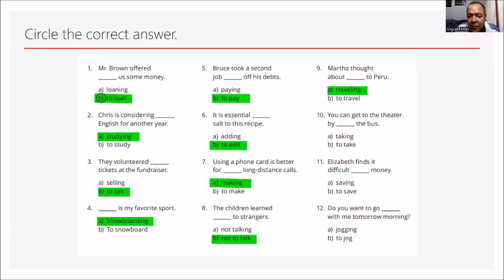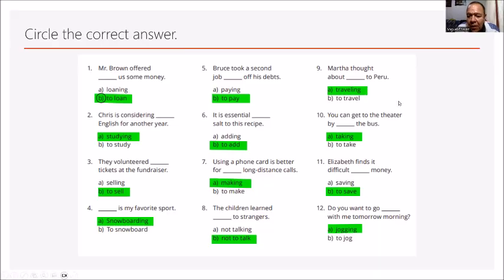Number 10. You can get to the theater by taking the bus. Number 11. Elizabeth finds it difficult to save money. Number 12. Do you want to go jogging with me tomorrow morning?